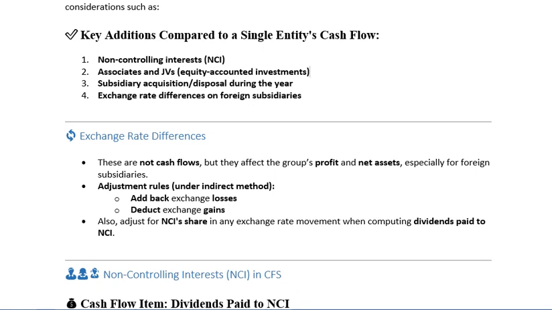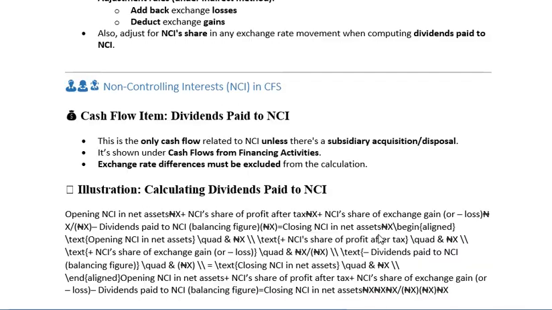Also, you adjust for NCI share in any exchange rate movement. Your NCI share has to be adjusted when computing your dividends paid to NCI. Dividends paid to NCI is the only cash flow that relates to NCI unless there is subsidiary acquisition or disposal.